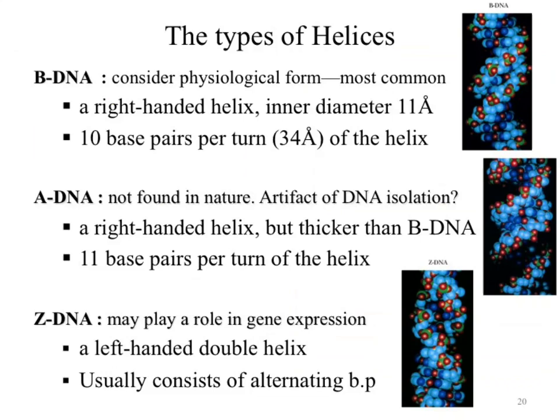We're looking at roughly 10 base pairs per turn, and this is our 34 angstroms for a repeat within the helix. A DNA has not been found in nature. What they believe it to be is an artifact of DNA.